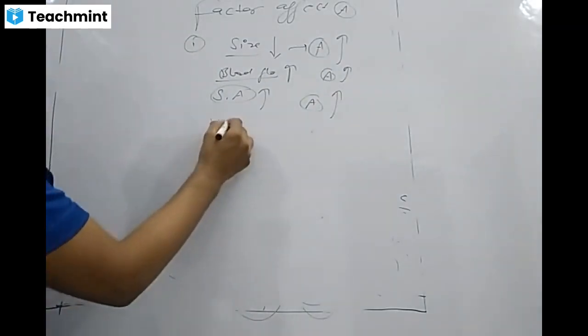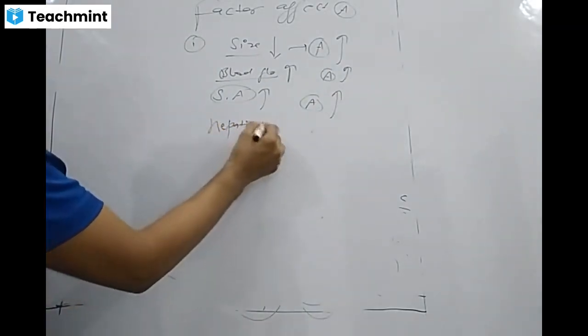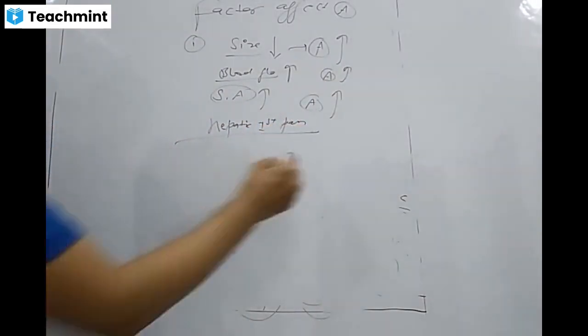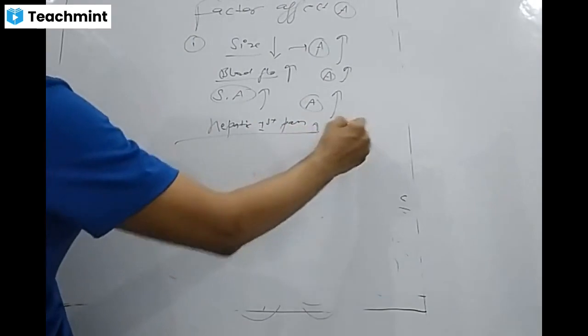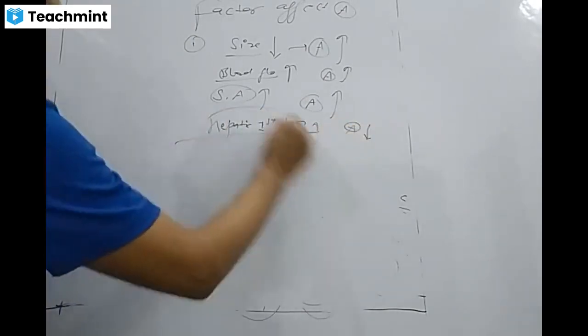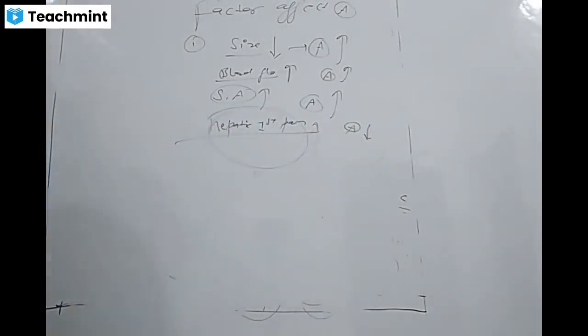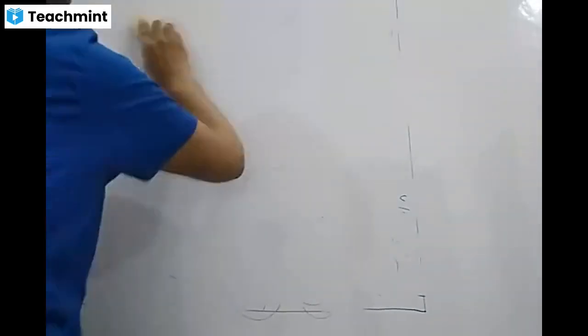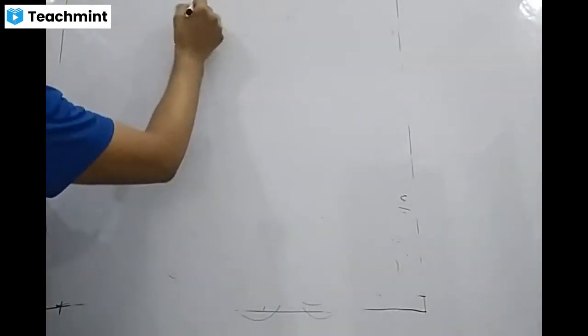Then next is hepatic first pass. If hepatic first pass is more, then absorption will be less. Then what is this hepatic first pass? There is one concept known as first pass metabolism.